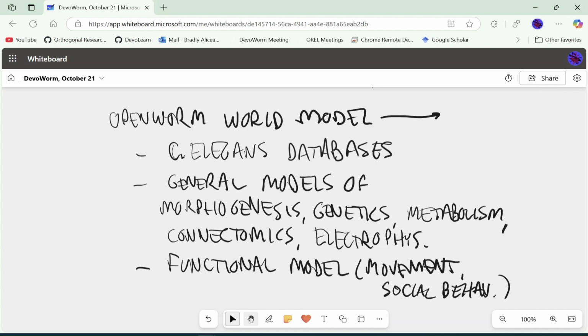It could be social behaviors, since there are different social behaviors C. elegans engages in, or movement behaviors. We know the C. elegans movement repertoire is a somewhat low dimensional space compared to something like the genomic space for C. elegans.